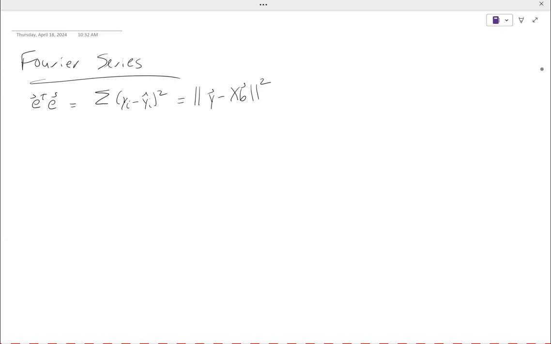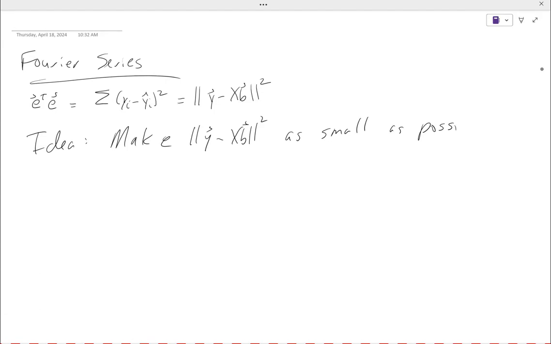Okay. So the idea was, if I think of the b now as a variable, we want to make this quantity as small as possible. That's the whole idea of the least squares idea, is I'm trying to make this distance notion as small as I possibly can.